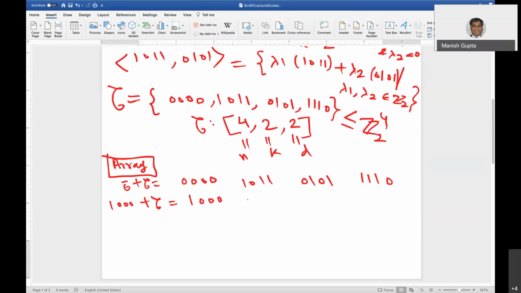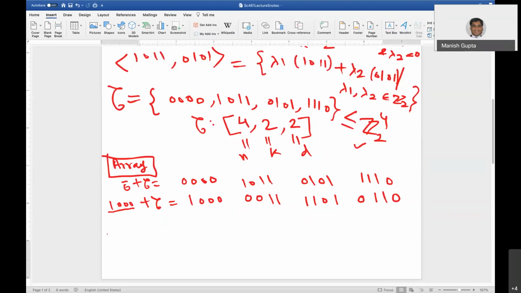The second vector will be 1 plus 1 is 0, and 0 and 1 and 1: if I add 1 0 0 0 to 0 1 0 1, I get 1 1 0 1, right? And if I add it to the last one, 1 plus 1 is 0, I get 0 1 1 0, right? This is a vector which is a part of Z2 raised to power 4 but not in C, and I'm adding it to all the vectors in C.